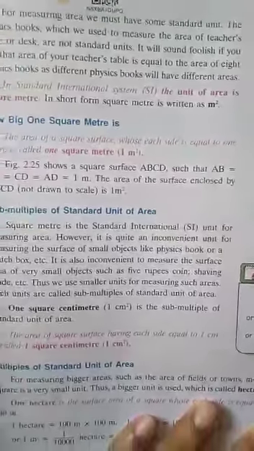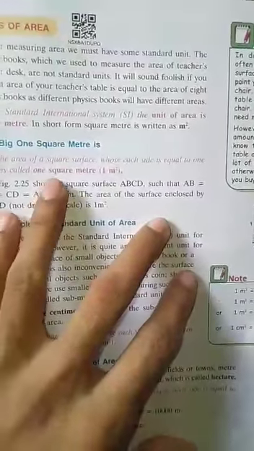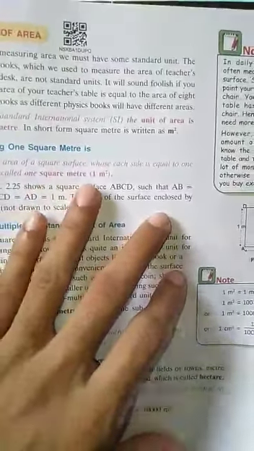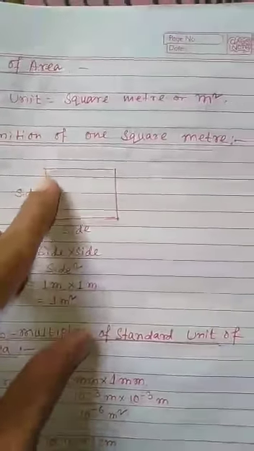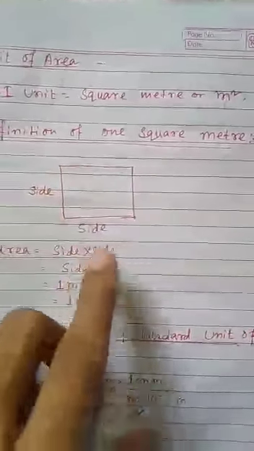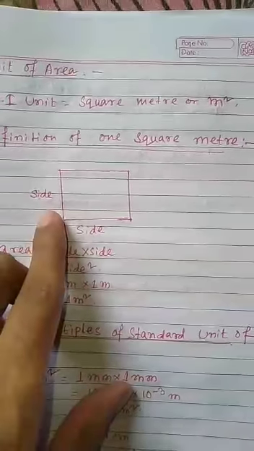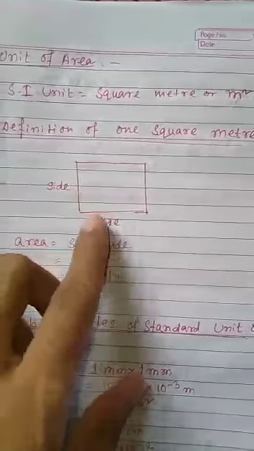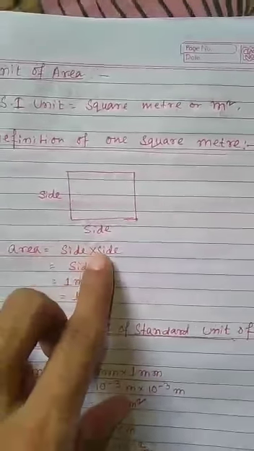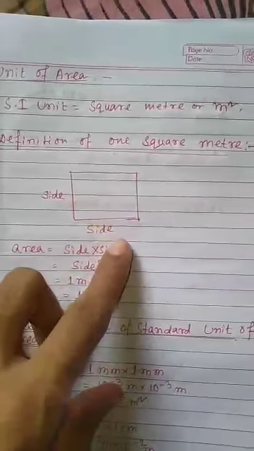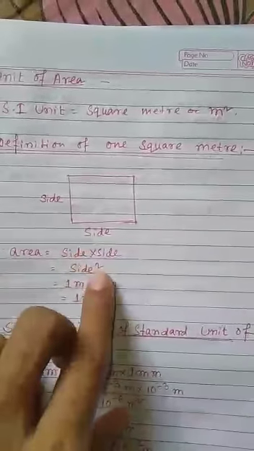Okay, so now what is the definition of 1 square meter or 1 meter square? Suppose this is a square surface, and the area of the square surface should be side into side. That means the product of the two sides of the square, and that means side square.